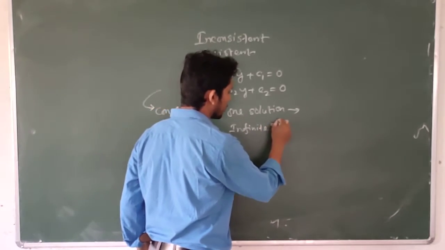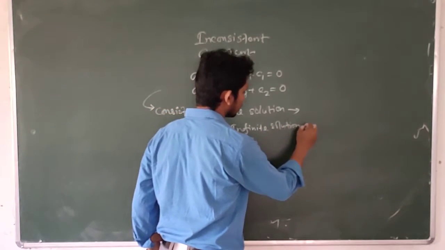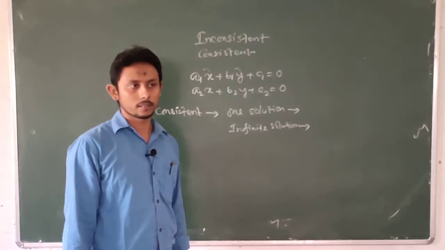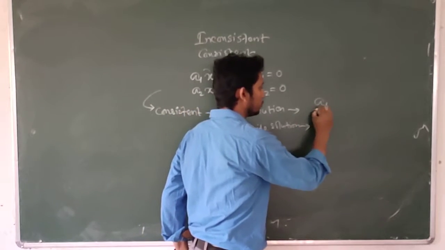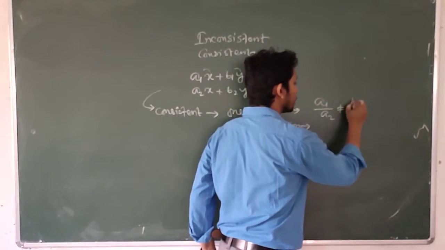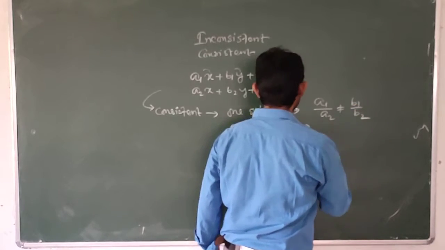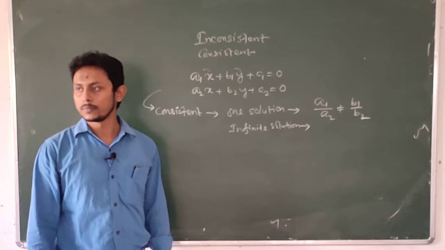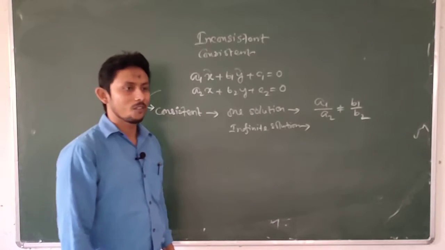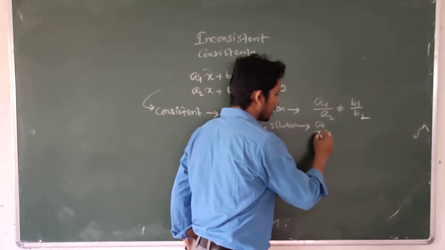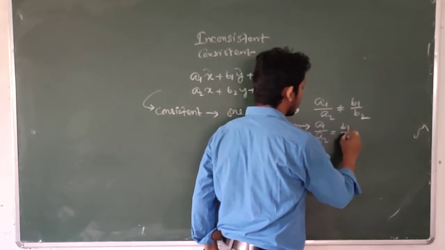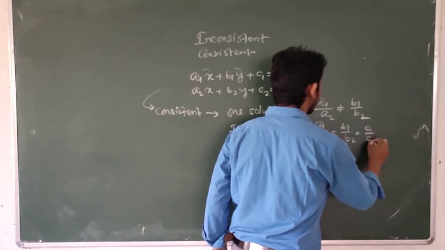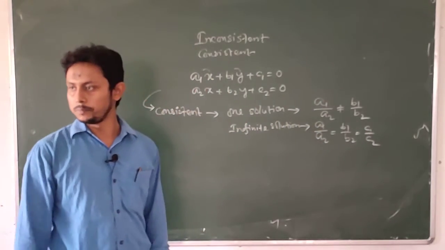For one solution, what will be the condition? Yes, a1 by a2 not equals to b1 by b2. Very good. And for infinitely many solutions, all are equal. That means the ratios a1 by a2, b1 by b2 and c1 by c2 are all equal.